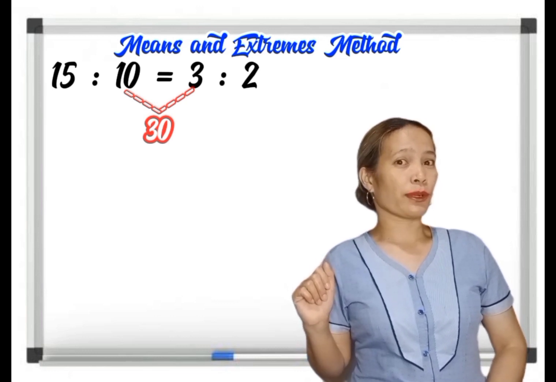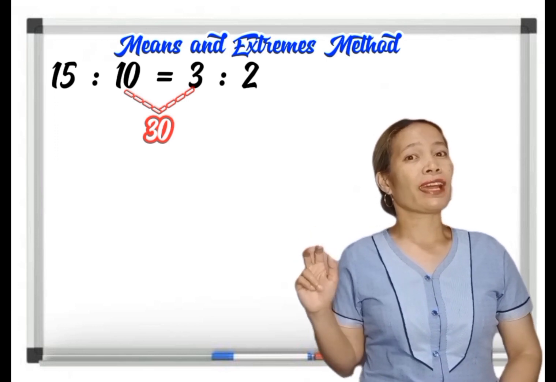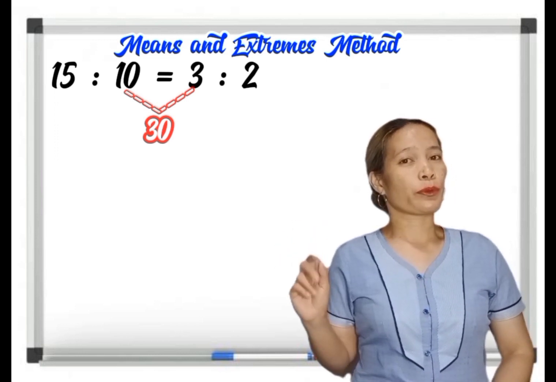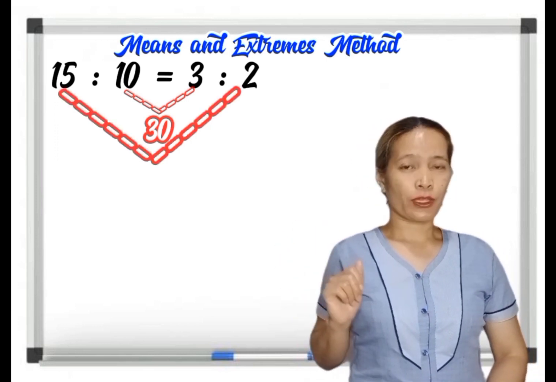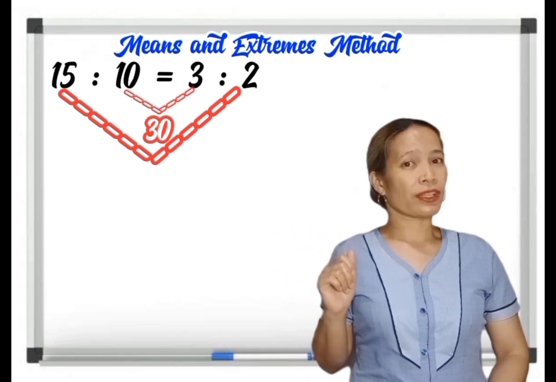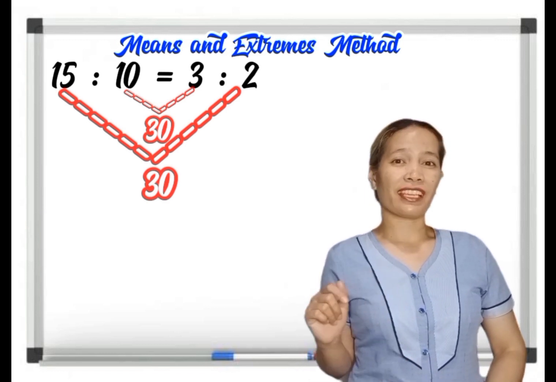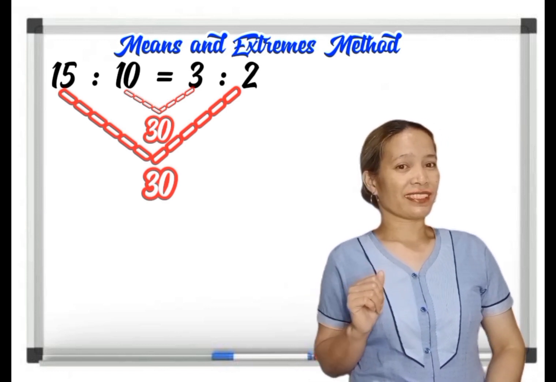Next, we are going to multiply the extremes. Yung extremes naman, yung dalawang outer numbers. Yun po yung 15 at saka 10. Wait, 15 times 2. 15 times 2, the answer is 30. Okay? So, 30 is equal to 30.